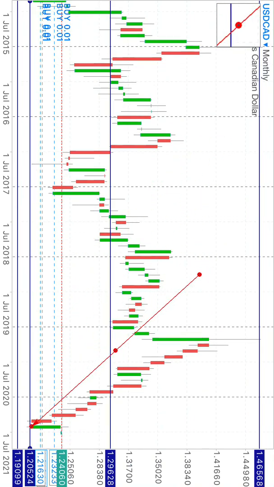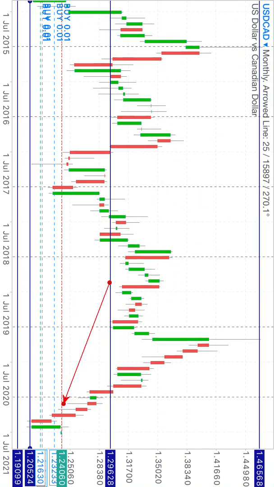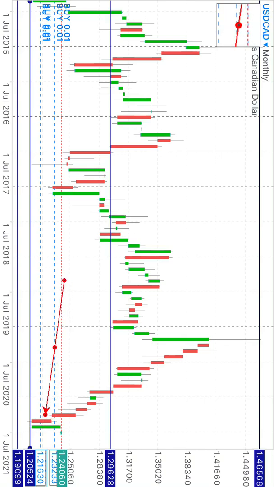And then if I check over here, you can clearly see we have, on the monthly time frame, a bullish engulfing bar, as the market was going down from 1.46568 until 1.20524.